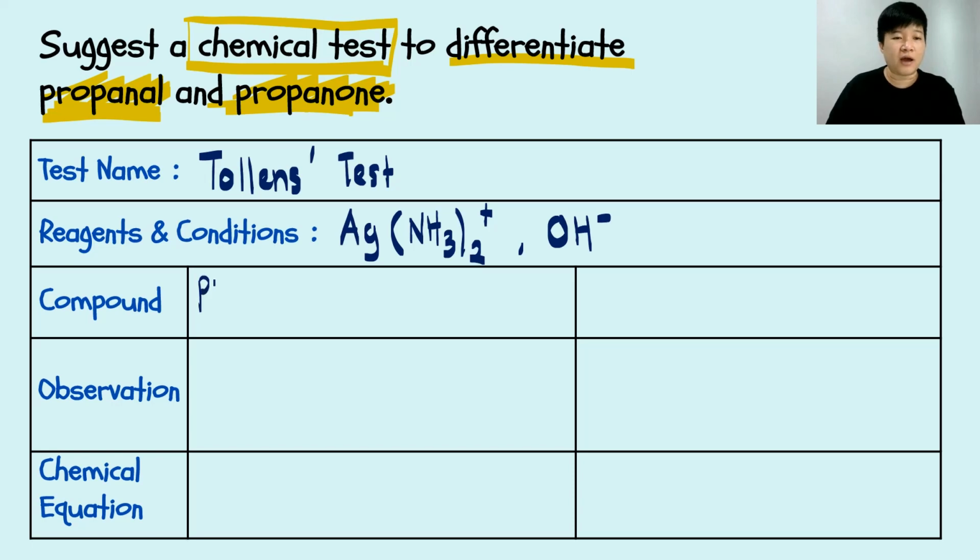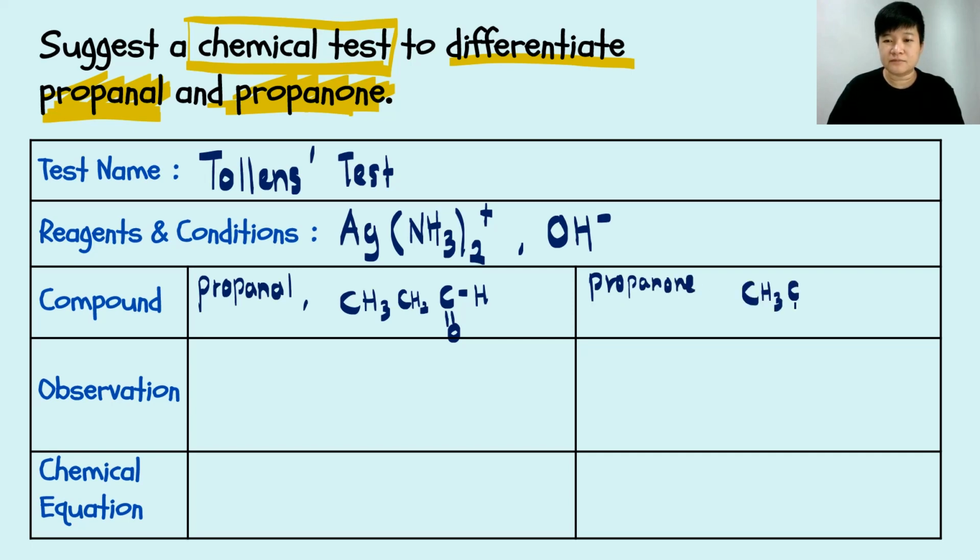And the compounds that you're having over here are your propanal, and your propanal is a 3-carbon aldehyde. So it's actually something like this, your C double bond OH. And your propanone is actually your 3-carbon ketone. And we know that the Tollens test will give a positive result for aldehyde.